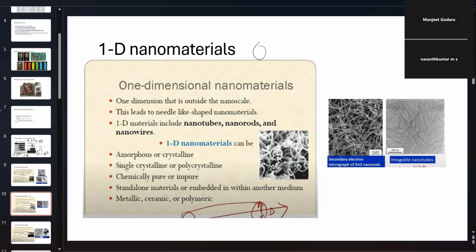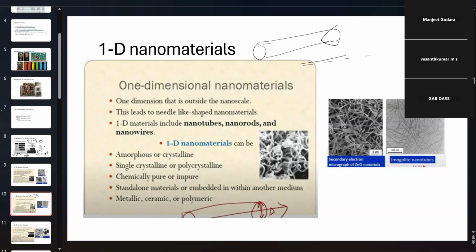So they usually have a long rod shape. The rod shape is the most common, but they can also be flat ribbons or hollow tubes, which are nanotubes.